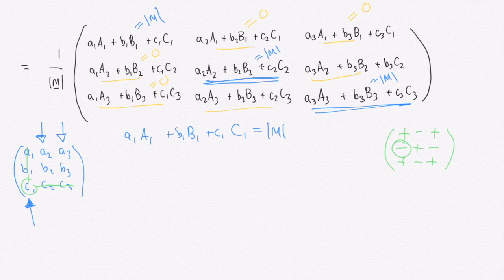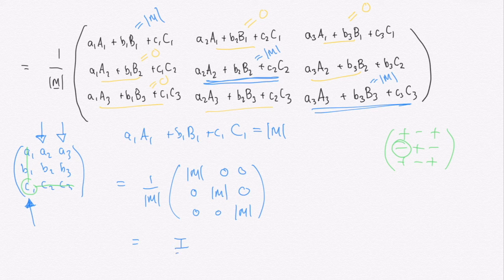I'm not going to do that, but you might want to stop this video and try that yourself. So we have, as before, that this is equal to 1 over the determinant of m, 0, 0, 0, determinant of m, 0, 0, 0, determinant of m, which, taking the factor of the determinant of m, gives us the identity matrix.